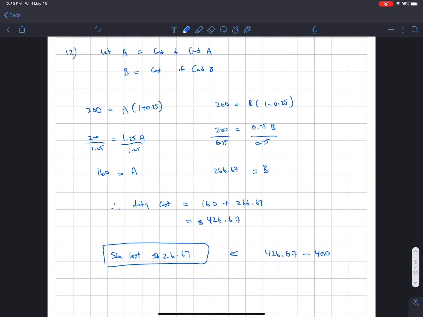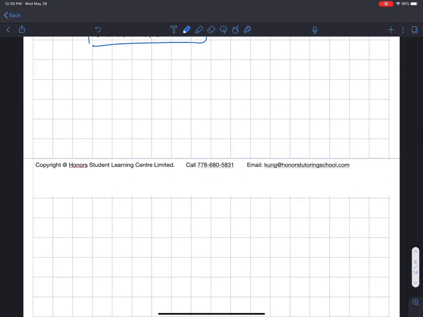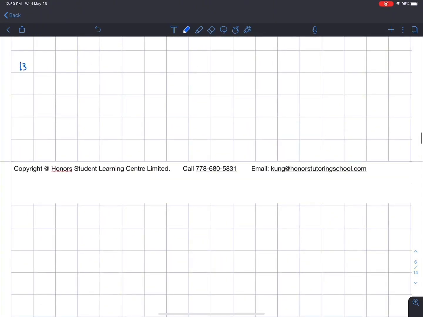Okay, moving on to 13. A family invests $6,000 in an account paying 6% interest compounded yearly. So the final amount is going to be the original amount times 1 plus 0.06. If the account is left untouched, how much does it have after 3 years? So that's the first year, and then the second year, and the third year.